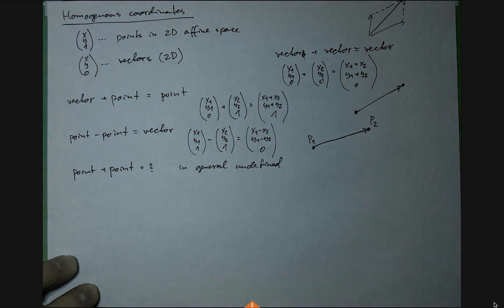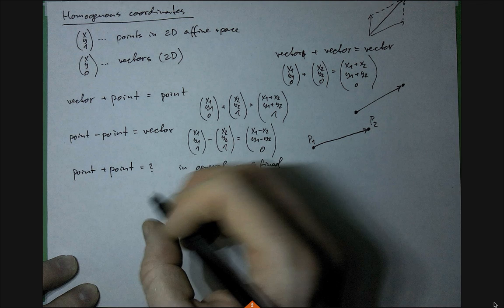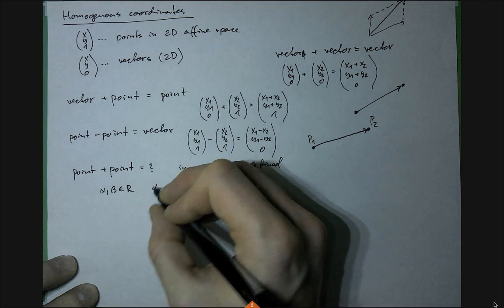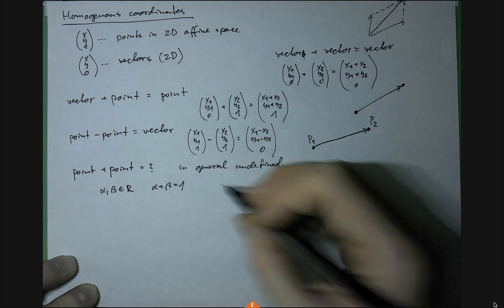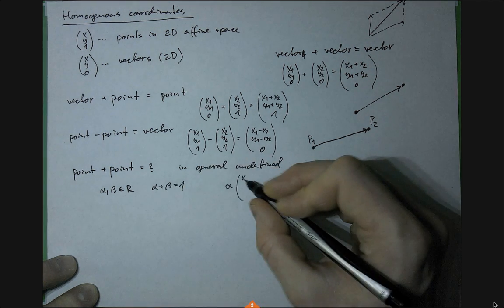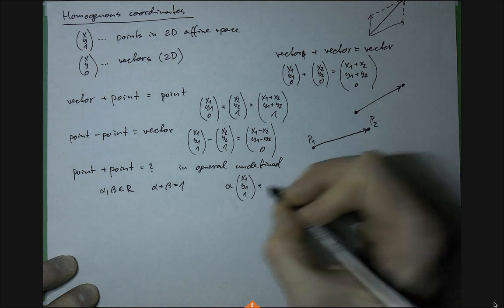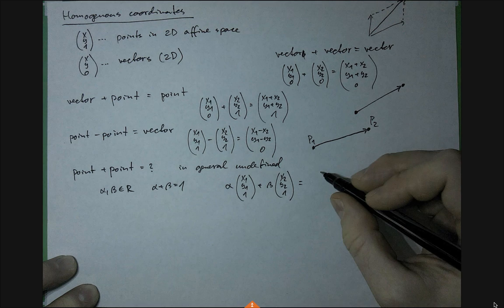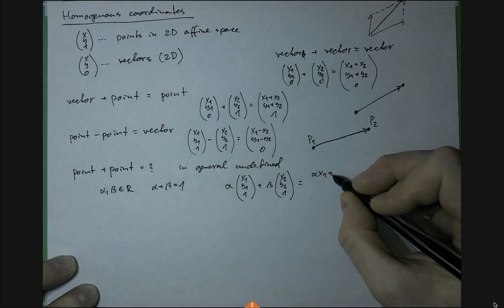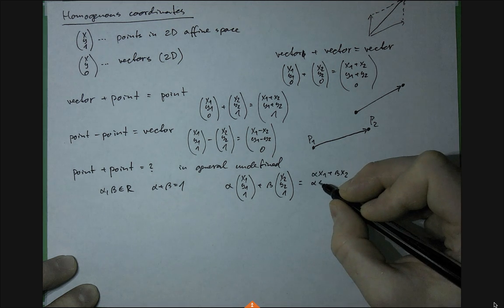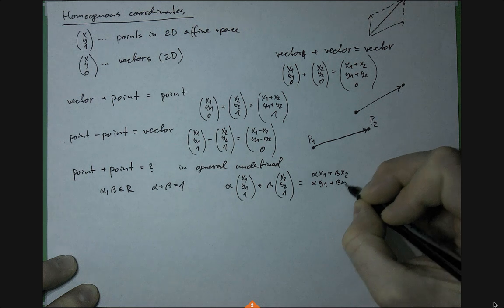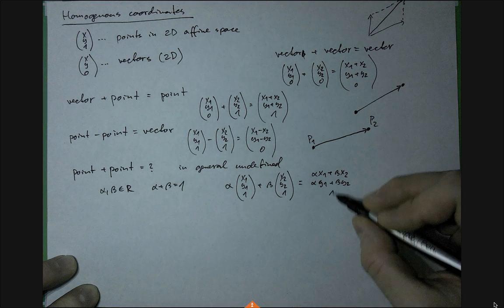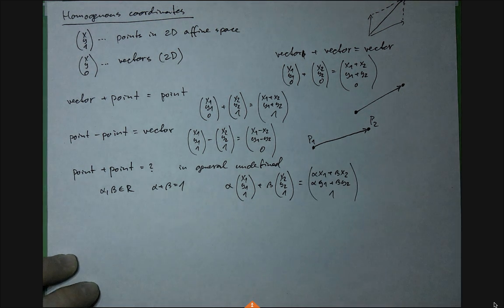Now there is one special case where it actually is defined, and the special case is if I take two scalars alpha, beta, such that alpha plus beta is 1, then I can do this: alpha x1 y1 1 plus beta x2 y2 1, because that gives me obviously alpha x1 plus beta x2, alpha y1 plus beta y2, and then here I get alpha plus beta, but I assume that alpha plus beta is 1, so this is a well-defined point.